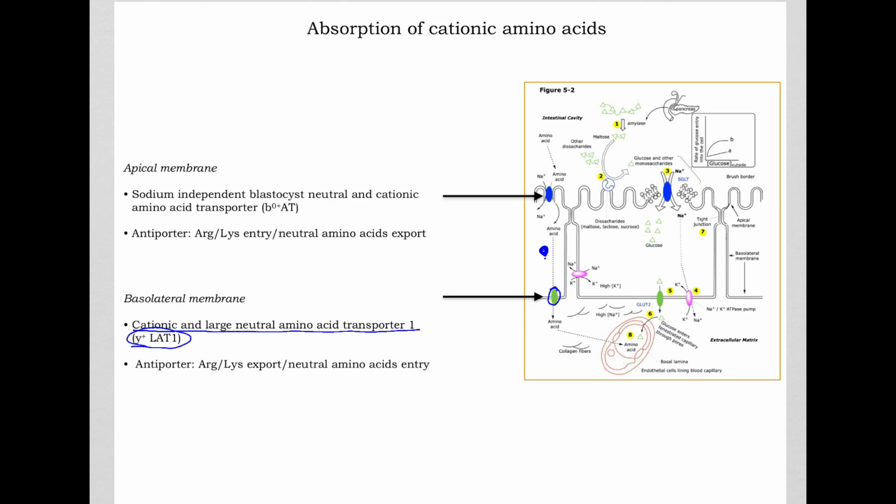And this protein basically is an antiporter, so it will export the basic amino acids, arginine and lysine, out of the intestinal cell, while at the same time bringing in the neutral amino acids. It will import the neutral amino acids into the cell. And once again, these amino acids will enter the bloodstream and go to the portal venous system.